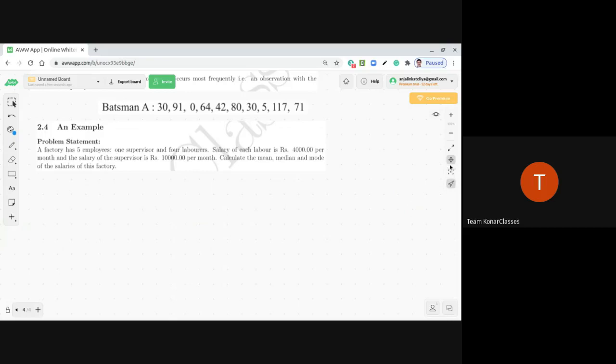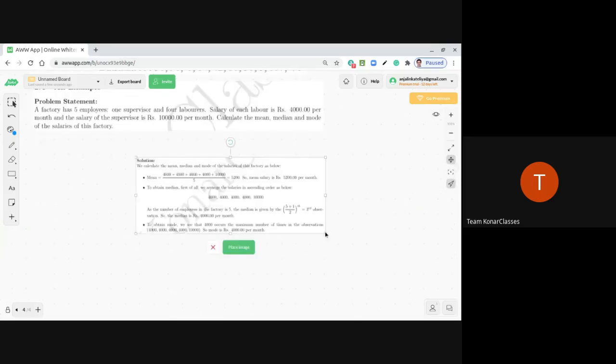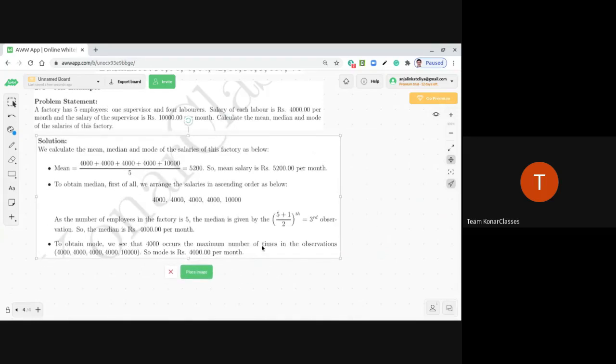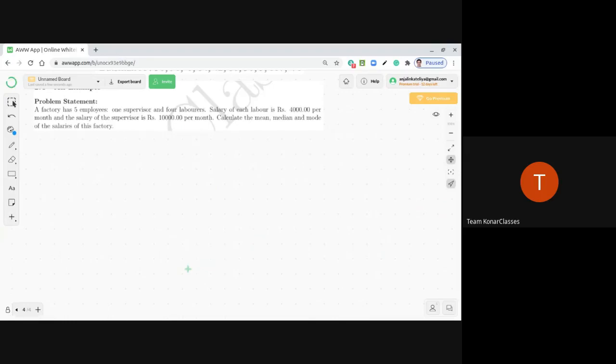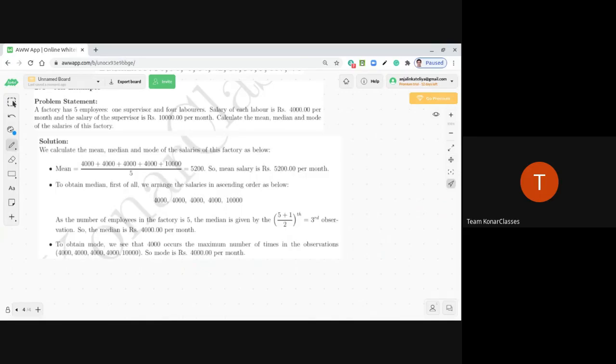Let me place it here, and after that I can explain further. Though it doesn't need much explanation, it is quite straightforward. You have all done it in your previous classes. The mean is the addition of all these salaries. Each of the 4 laborers has a salary of 4,000, so 4,000 plus 4,000 plus 4,000 plus 4,000 plus one supervisor whose salary is 10,000.